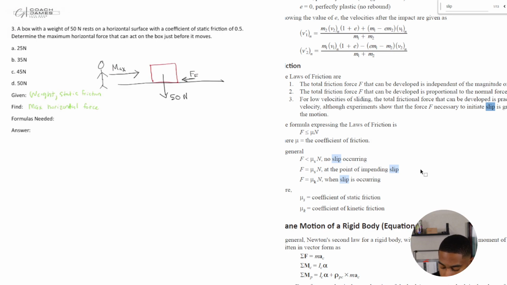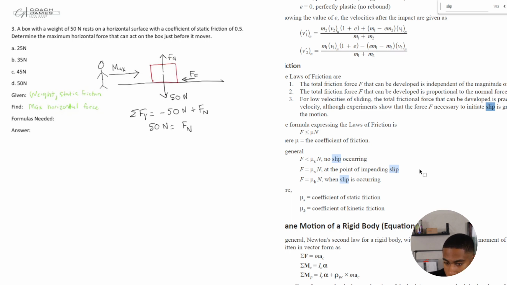And so really, if I know that the sum of the forces in the y is always equal and opposite force normal, I got negative 50 newtons plus force normal. 50 newtons equals the normal force.